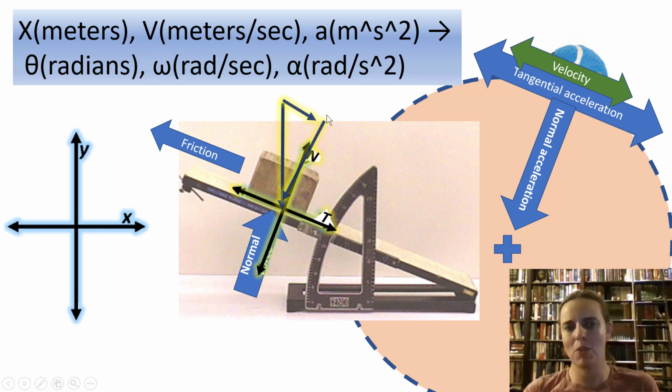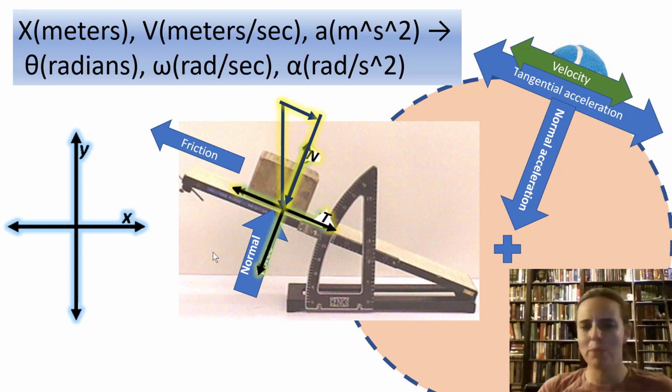So in this case, if you have gravity and you're splitting gravity into how much is sliding down that ramp versus how much of the gravity force is held up by the normal force, that would be the only thing you have to split apart, because friction is completely in the tangent direction, normal completely in the normal direction. So you can see it really does make it a lot easier to solve problems if you reorient your coordinate system with the system you're working with.